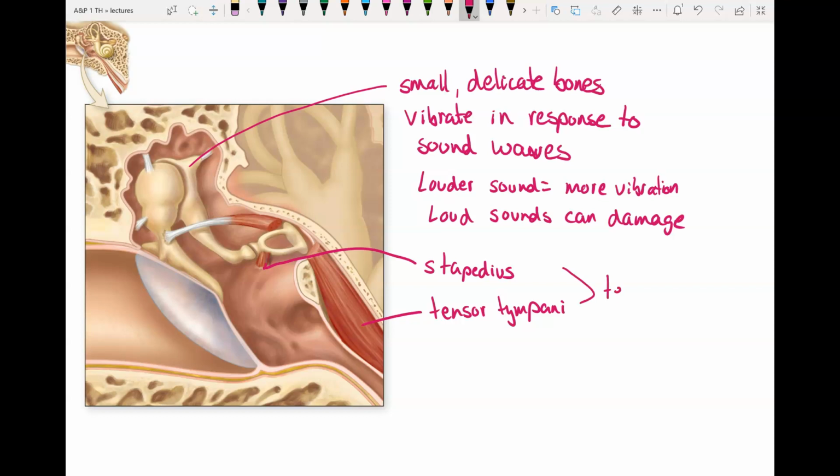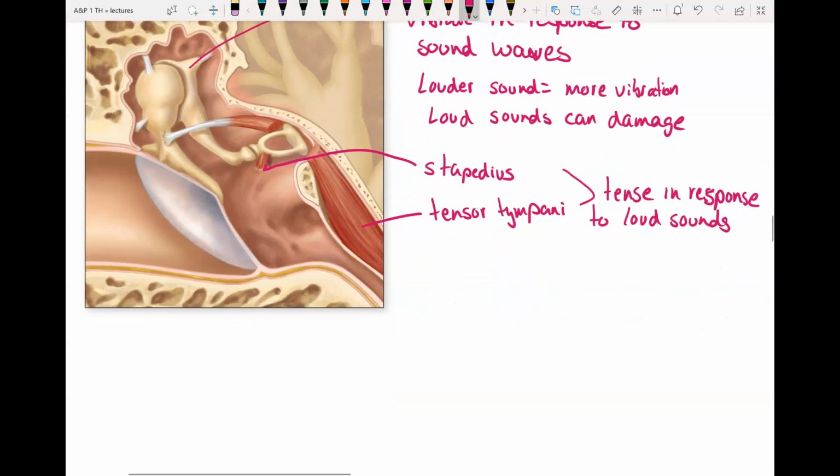These muscles tense in response to loud sounds, and they restrict the bones from vibrating too much.